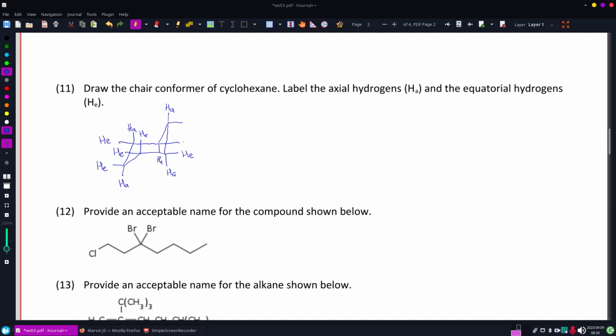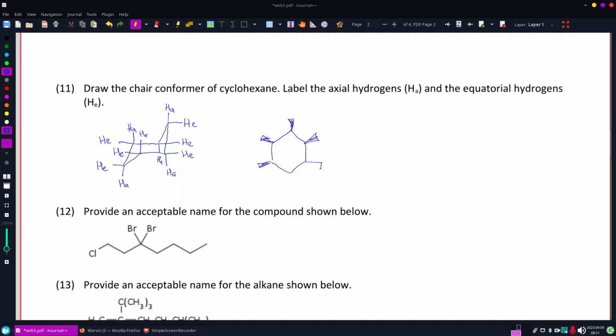Alright. Now that is the simple way of doing this, but what I want to do is go over to Marvin and show it to you, because what's kind of interesting is if I draw these flat, per se, I'd like you to be able to tell where these guys are with respect to wedges and dashes.